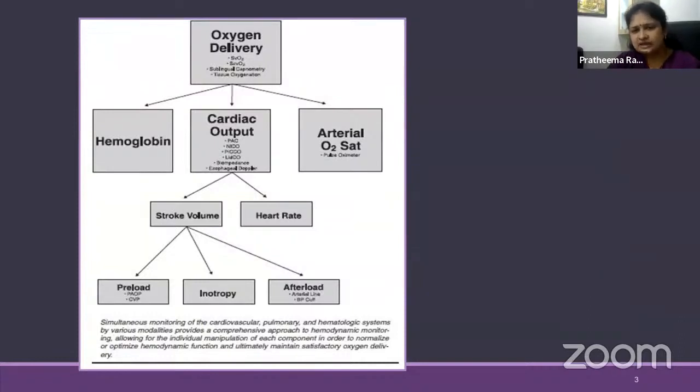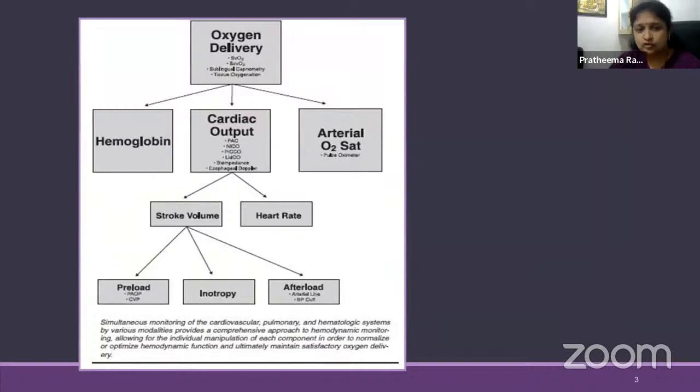If we break them into small parts, we know the hemoglobin can be measured once a day, or if the patient is bleeding, every 8 hours. We don't need to monitor it every minute. We have oxygen saturation monitors like the pulse oximeter. We just put the clip around the patient's finger, so oxygen saturation is continuously monitored.